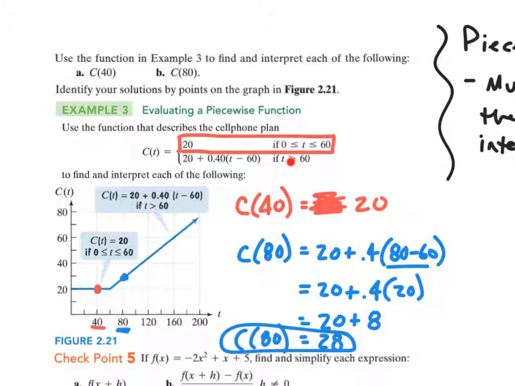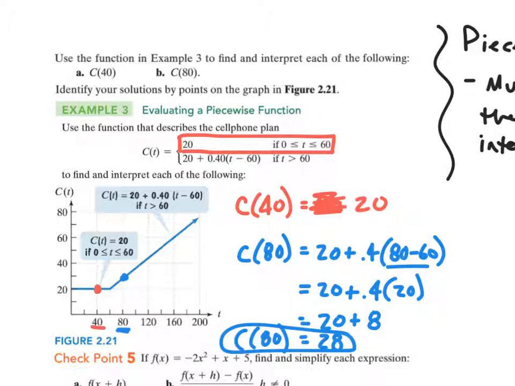After that, any minute after 60, you're going to pay 40 cents per minute. And so this is cost, and this is minutes. So for 40 minutes of cell phone use, you're going to pay $20. For 80 minutes of cell phone use, you're going to pay $28. And that's how we do that.